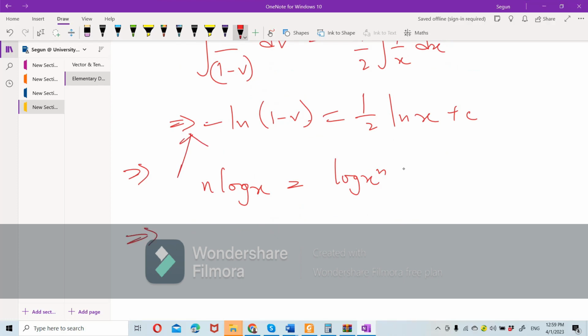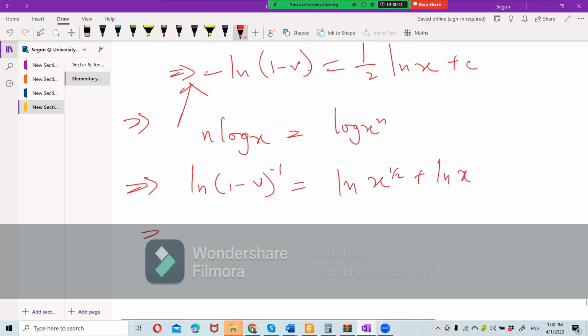This is -1, it will turn to exponent: 1 minus v raised to power -1 equals to ln x raised to power 1 over 2 plus ln c.